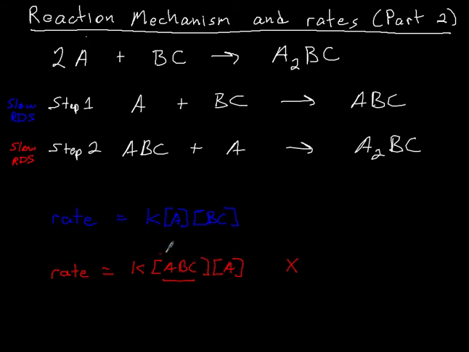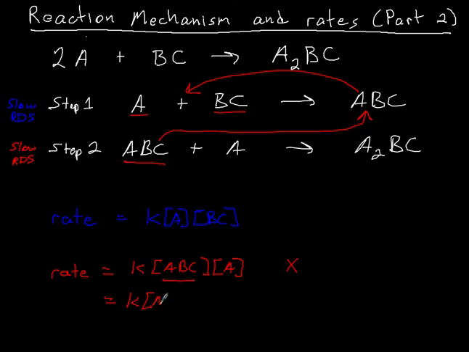Well, we're going to backtrack: where did this ABC come from? This ABC particle came from here, which came from over here. So there's an A component and a BC component to the ABC. So we're going to replace ABC with the reactant A and the reactant BC, and then we have our original A here as well.